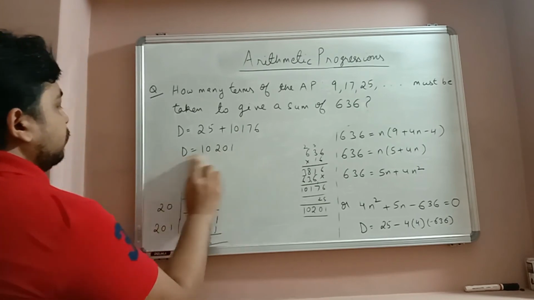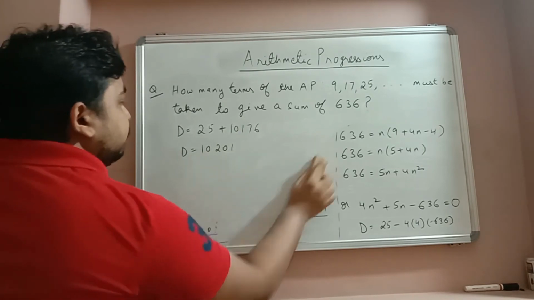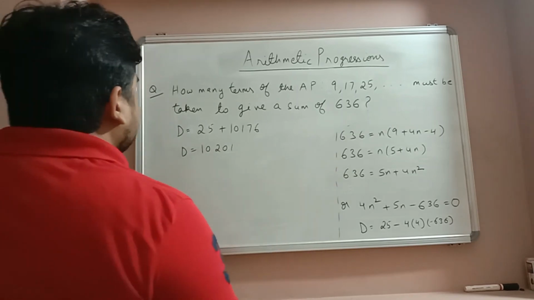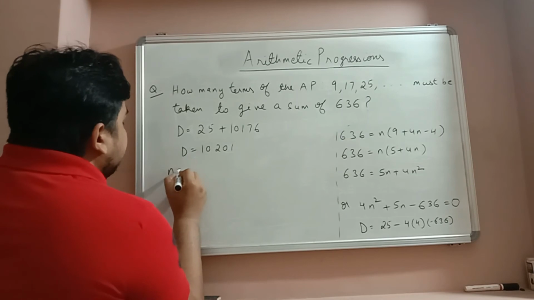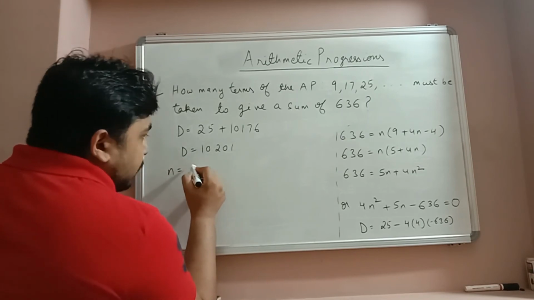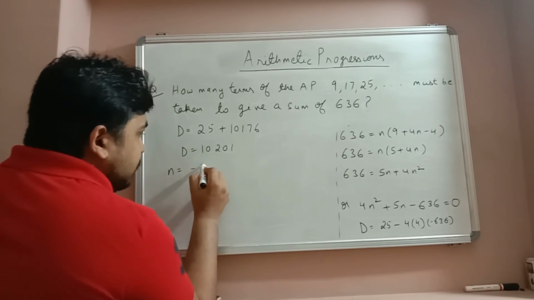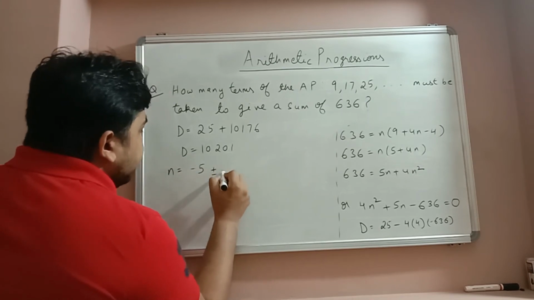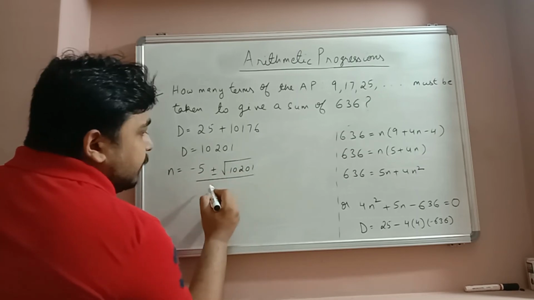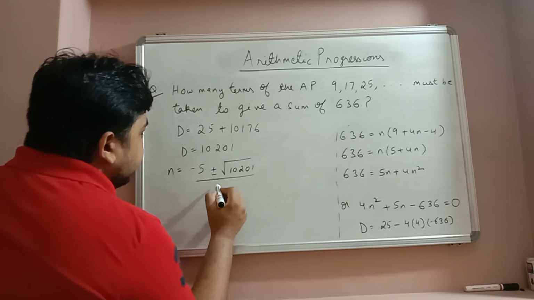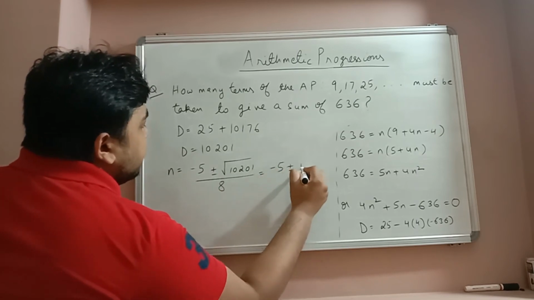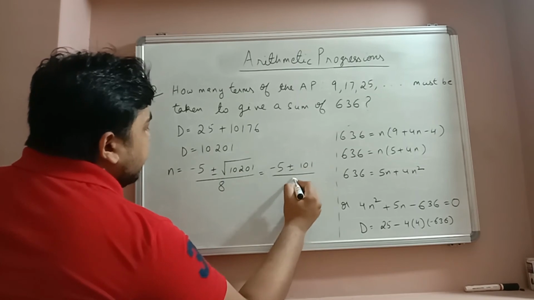So let us solve this further. The value of n will be minus b plus minus root D by 2a. So this will become minus 5 plus minus square root of 10201 divided by 2 times a, that is 4, 2 4s are 8. So this will turn out to be minus 5 plus minus 101 by 8.